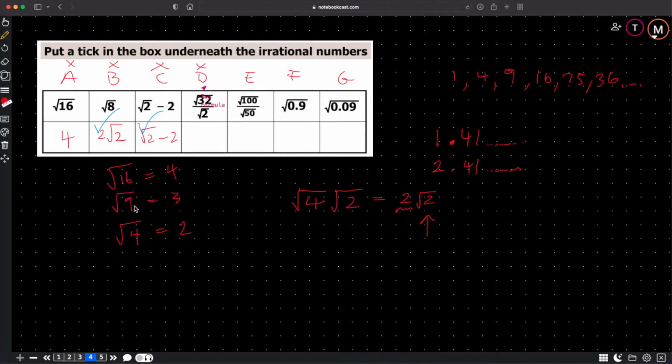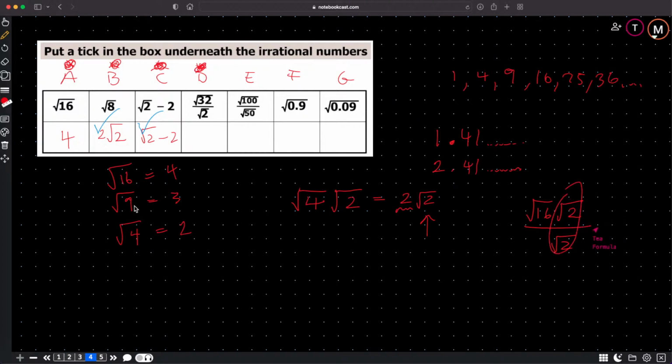So now we're on D. I'll change to a circle because it might be confusing. So D, what about this? We're saying yes, it is irrational. We can work it through. So we're trying to look for the biggest factor that's a square number, right? So 32, we've got root 16 times root 2, and then root 2 on the bottom.